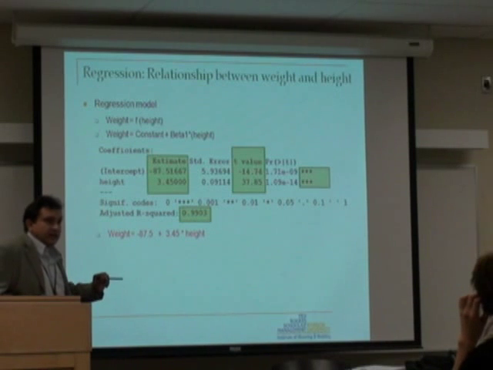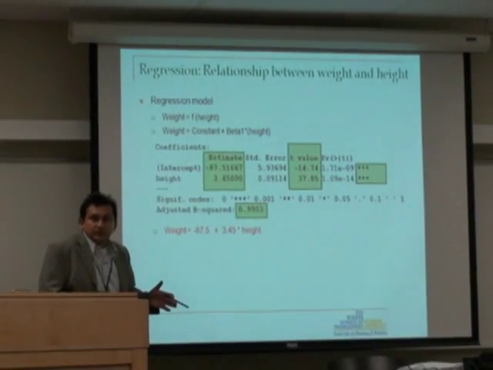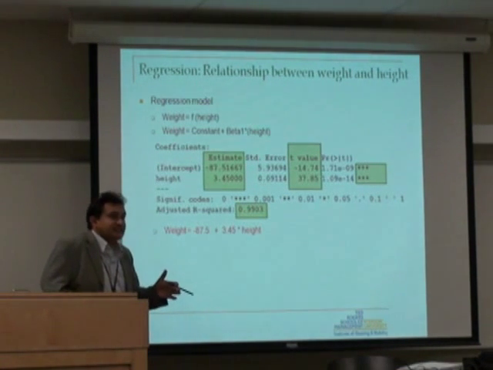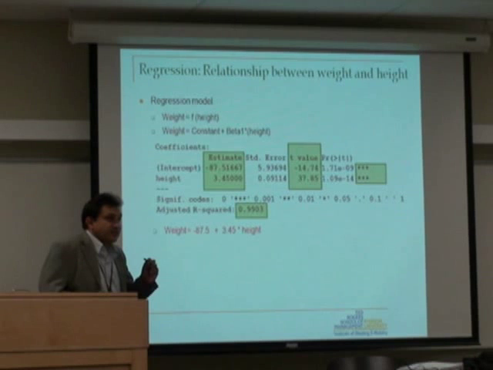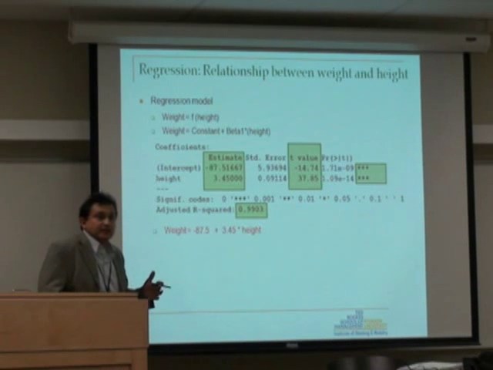Anytime you get a t-value that is greater than 1.96 in absolute terms, then it's a statistically significant coefficient. It means that this coefficient is statistically different from 0, and hence it has some theoretical or some statistical value to it.